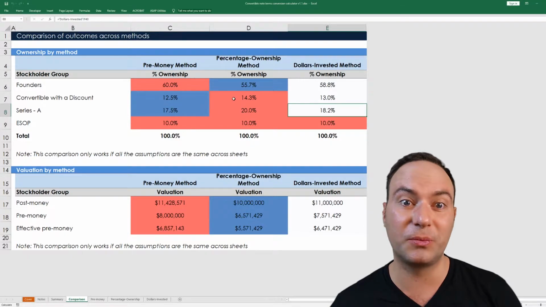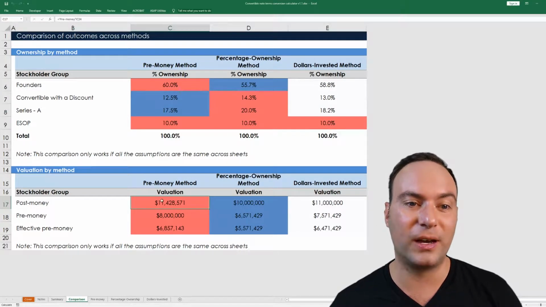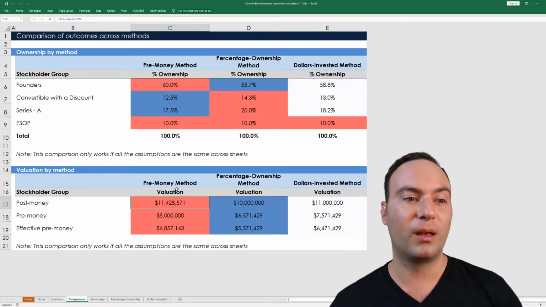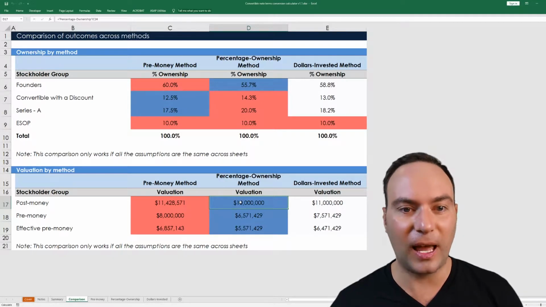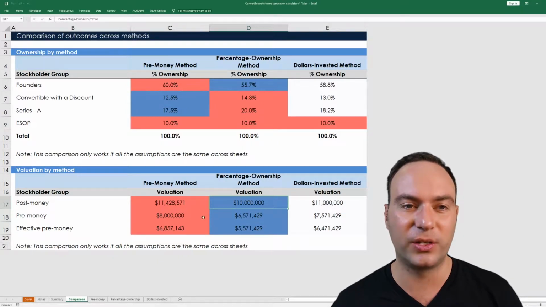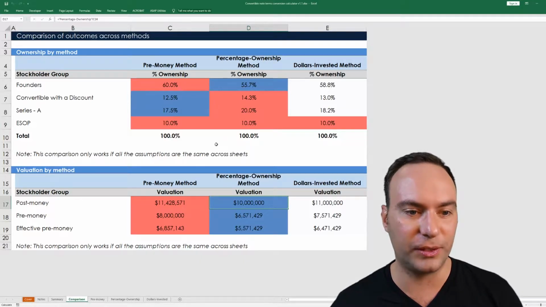And why is this ownership changing? Well, the valuations are different. We can see your post-money as a founder is going to be 11.4-ish million, whereas on the dollars invested method, it would be 11, and the percentage ownership method would be lower at 10. So something is obviously happening to change these valuations so that the ownership percentages end up being different.